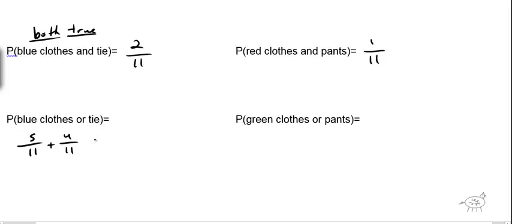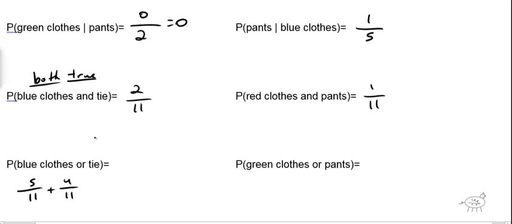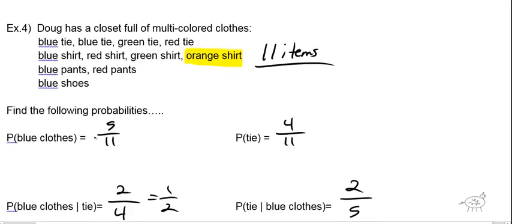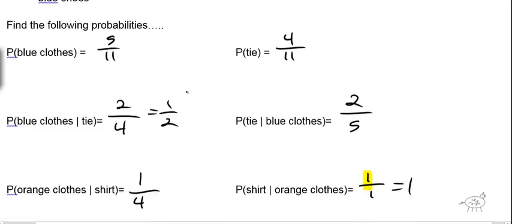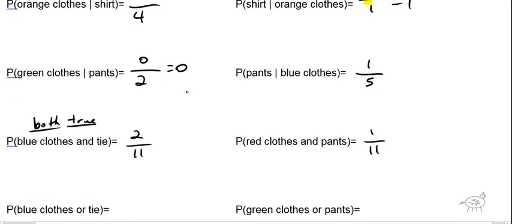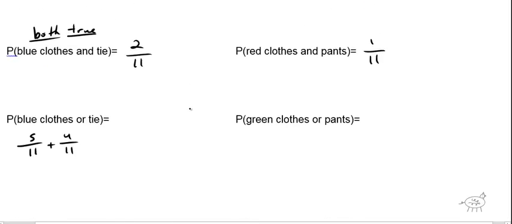I counted blue clothes and ties twice. Remember, if you count it twice, you have to subtract the overlap. So I subtract 2/11 because I counted it twice, and that gives me 7/11.